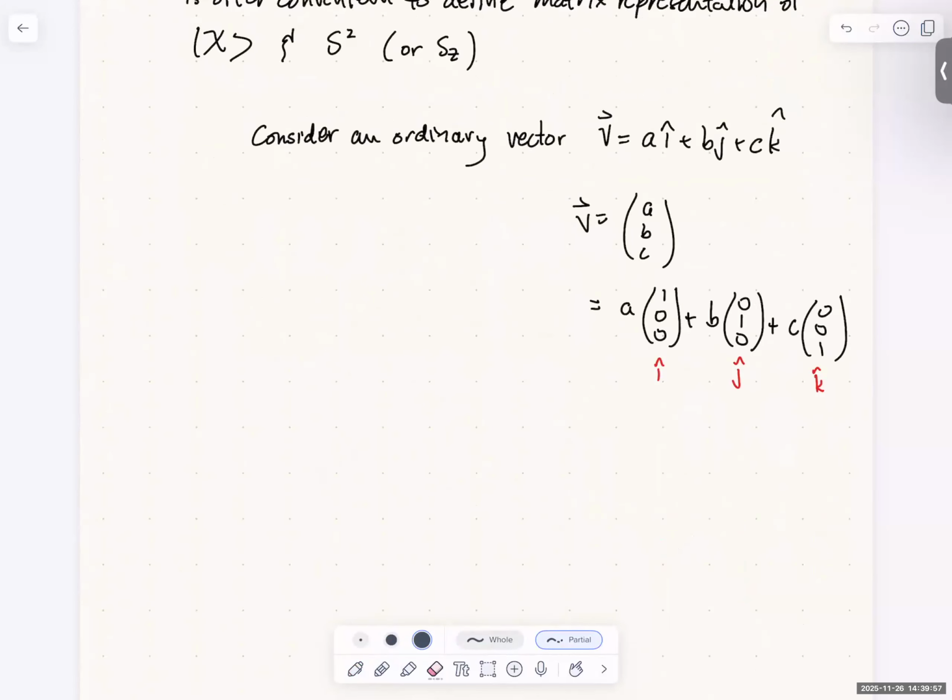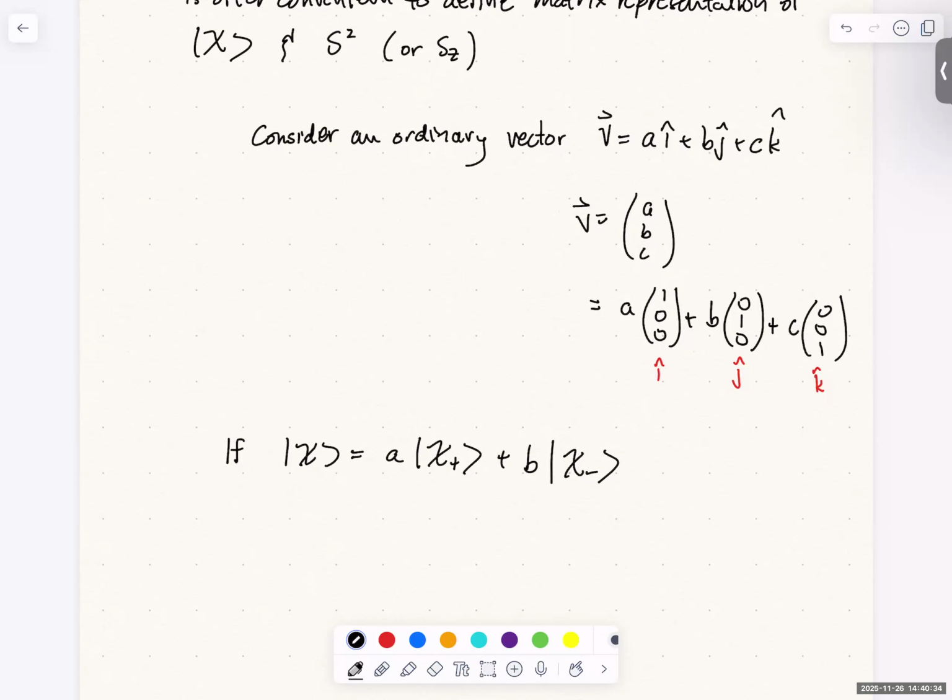If our general spin state is a times the spin up eigenstate plus b times our spin down eigenstate, I want to write chi as a column vector. All I'm going to do is take the coefficients of the eigenstates and make a column out of them.